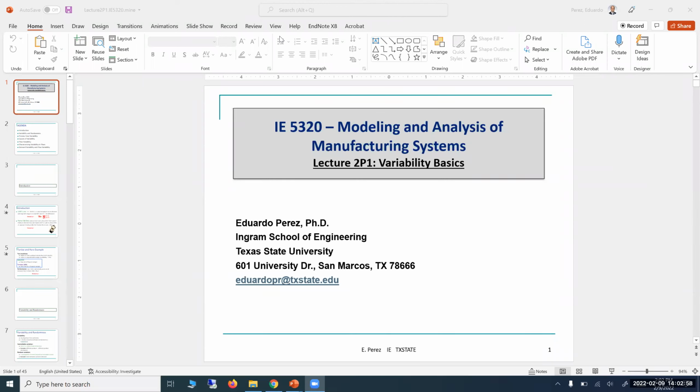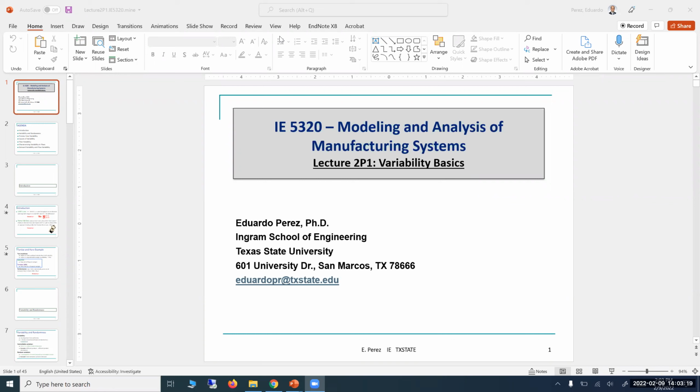Today we're going to go back to our theoretical aspect of the class, in which we are studying mathematical models to describe the operation of these manufacturing systems.